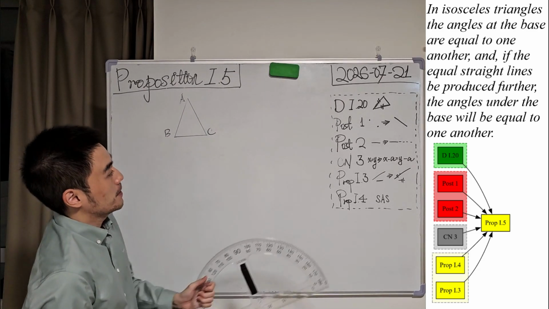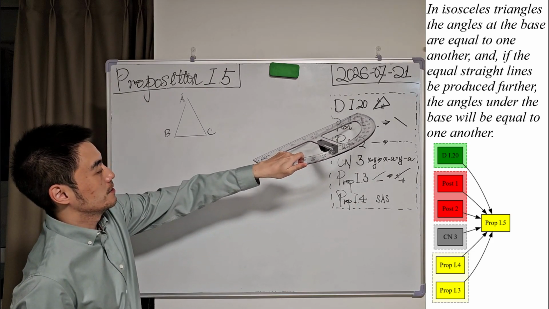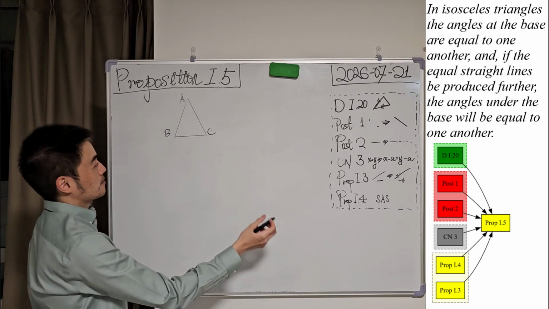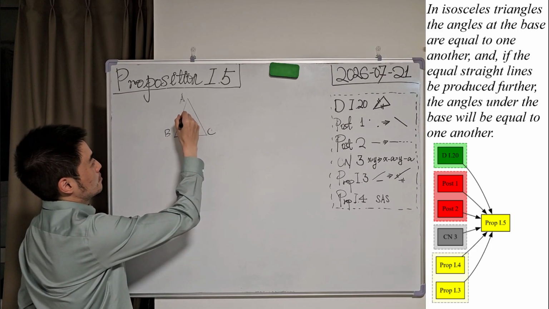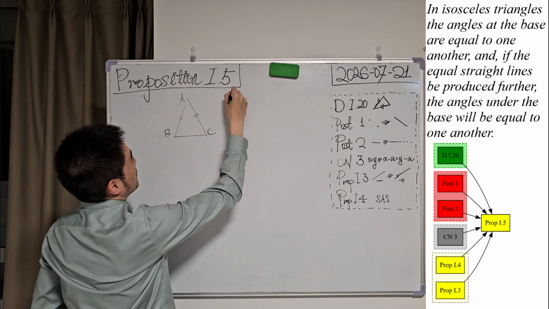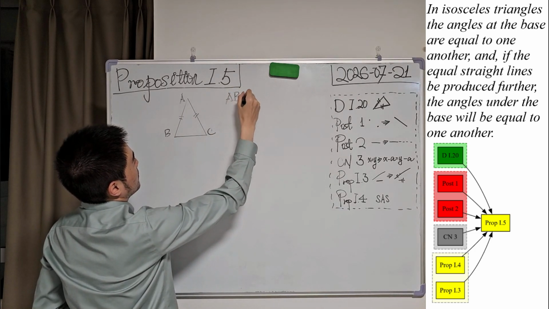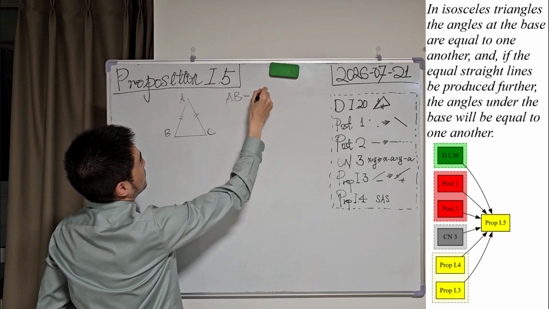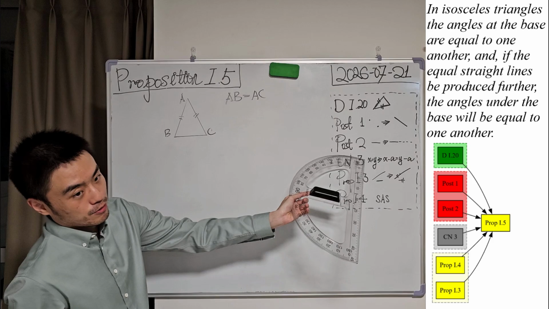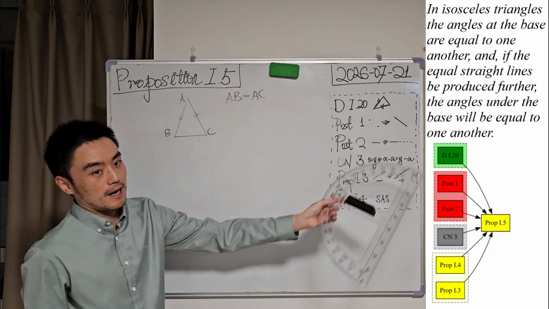So first of all, please recall definition 20. With this definition, we know in an isosceles triangle, these two edges are equal. So we have AB is equal to AC. Good. And then because of postulate 2, we are able to produce a straight line, right?